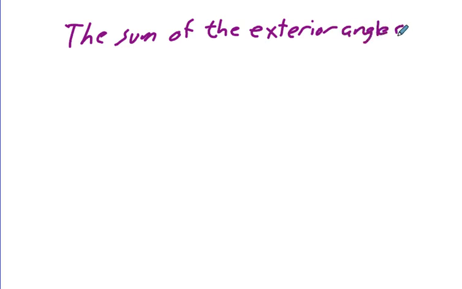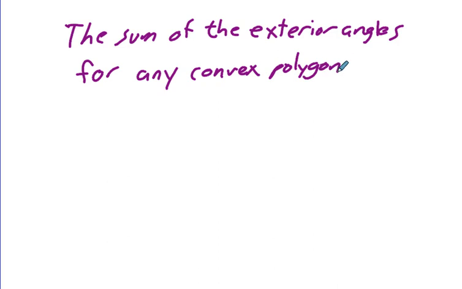The sum of the exterior angles for any convex polygon is 360 degrees.